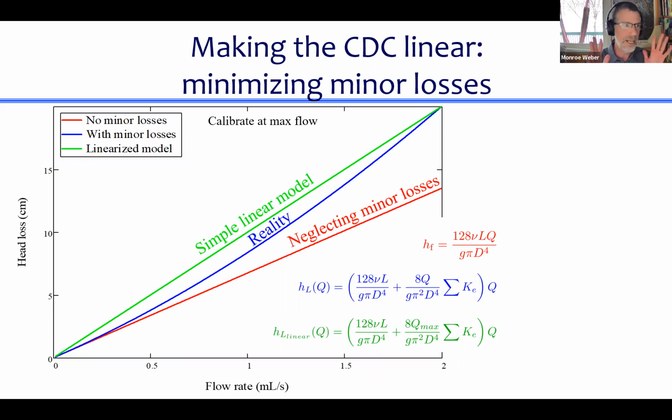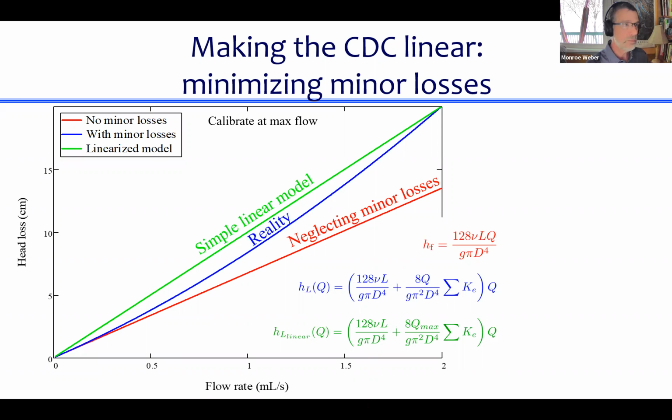That should make sense. There's more and more head loss as the flow rate goes up. The red line is the dream world. The red line is what would happen if there were no minor losses, and we just had the beautiful Hagen-Poiseuille, laminar flow in a long straight tube. That's beautiful. But that's not what's actually happening.